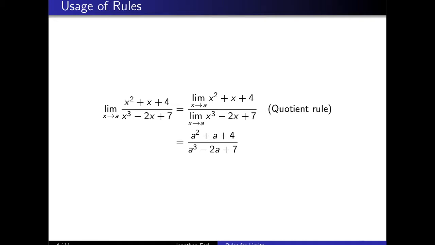So making that assumption, from our quotient rule, we're able to switch the order of doing the division and evaluating the limits, because the denominator polynomial will not be 0 by assumption. So then that will tell us that we'll have the limit as x goes to a of x squared plus x plus 4, all divided by the limit as x goes to a of x cubed minus 2x plus 7.